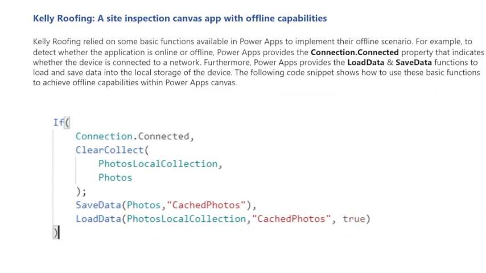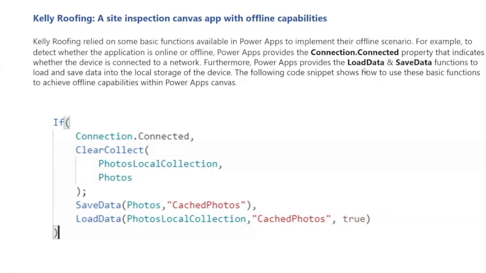This is a summary of some of the building blocks that are available, and this is something to keep in mind again. If you have a complex requirement from a customer for offline, with deep relationships between entities and new items, you have to keep in mind that what Power Apps Canvas gives you is just load data, save data, and the ability to check whether you have a connection or not.